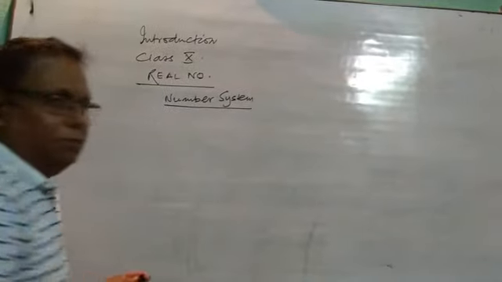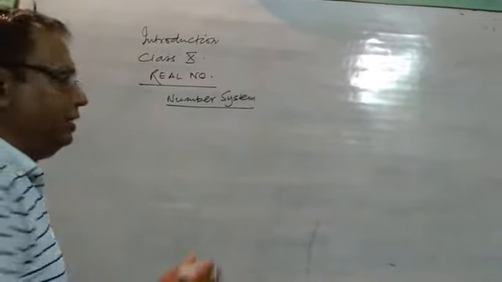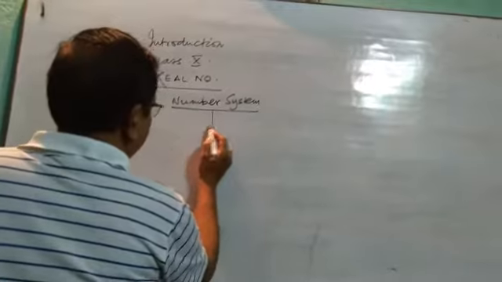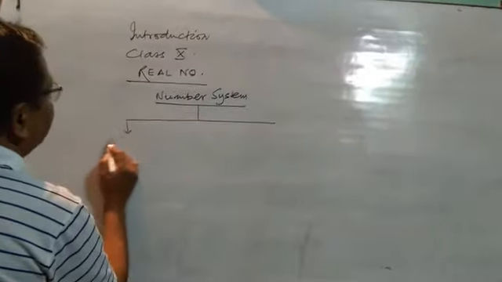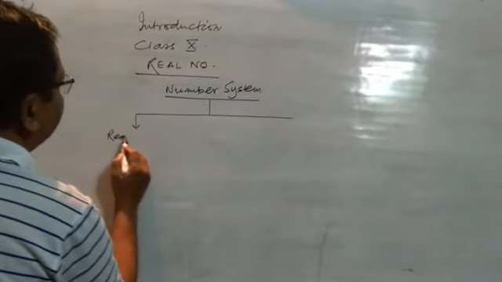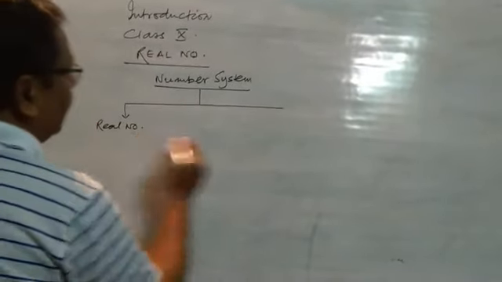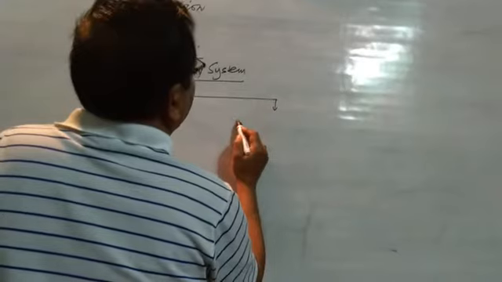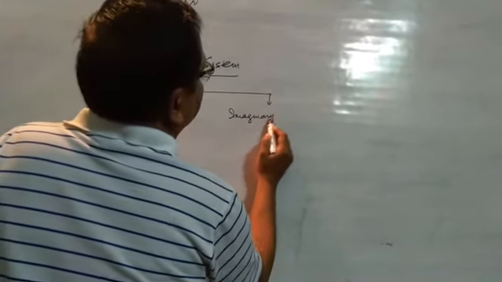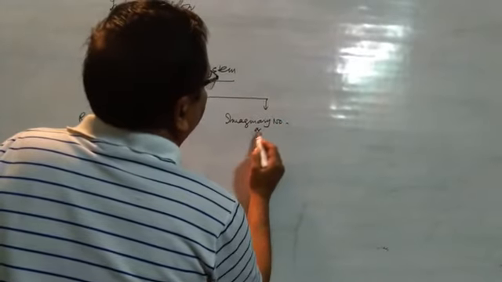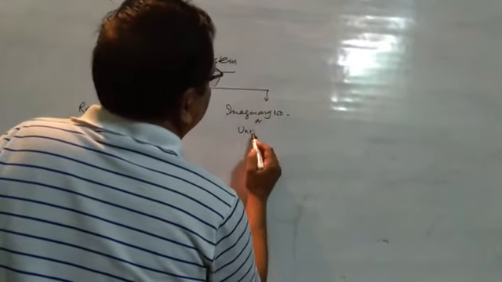This number system is classified into two broad categories. One is real number, and the second one is imaginary number or unreal number.